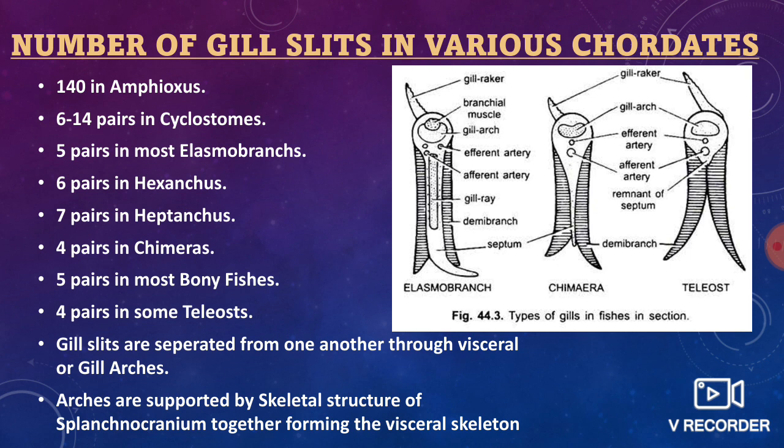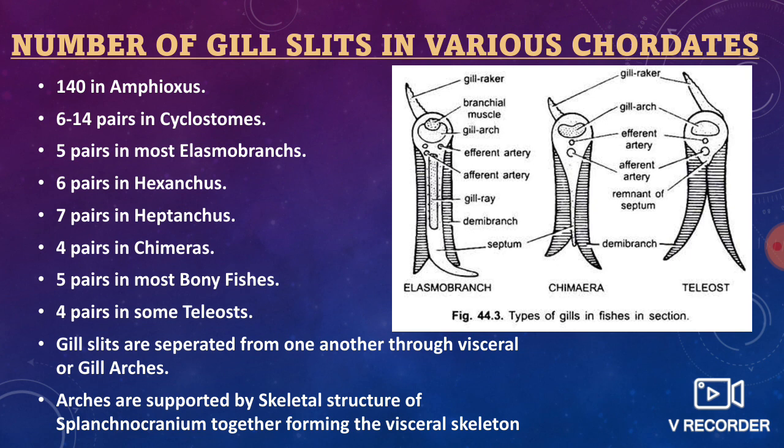If we talk about the number of gill slits in various chordates, we can see a great variation. In Amphioxus, there are 140 gill slits present, 6 to 14 pairs in cyclostomes, 5 pairs in most elasmobranchs, 6 pairs in Hexanchus, 7 pairs in Heptanchus, 4 pairs in Chimaeras, 5 pairs in most bony fishes and 4 pairs in some teleosts.